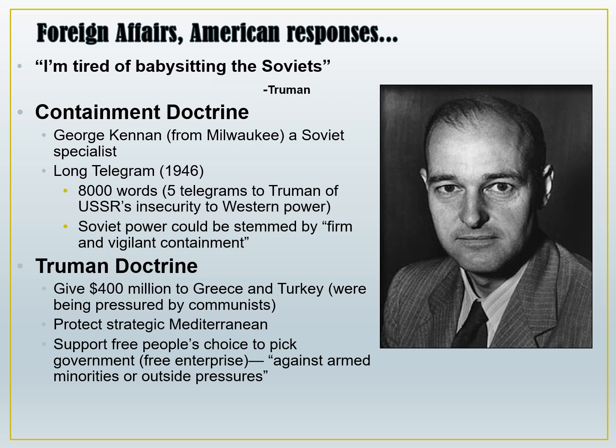Part of the Truman Doctrine was tons of money to support free people's choice to pick governments, especially free enterprise, against armed minorities or outside pressures, like the Soviet Union. So lots of money, Truman Doctrine, lots of money to protect against Soviet pressure in Europe.